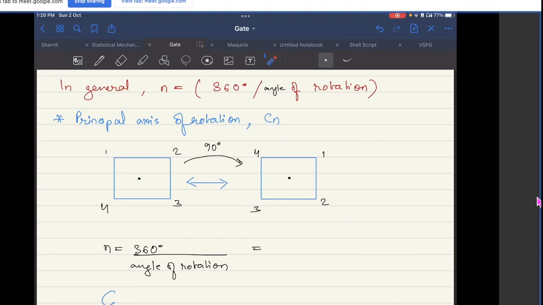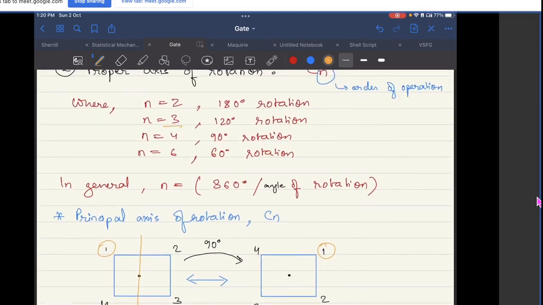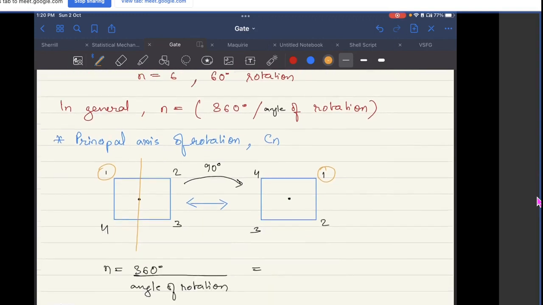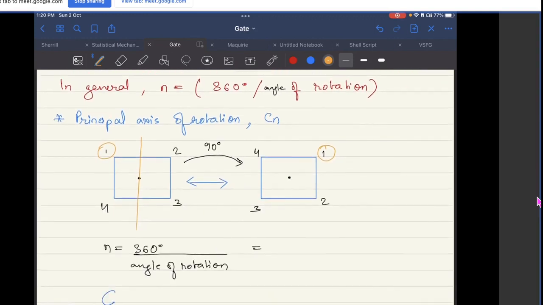If this is my particular axis and I am doing a 90 degree rotation, my 1 will go from here to here, and I can do this 90 degree rotation up to 4 times and get the identity configuration.